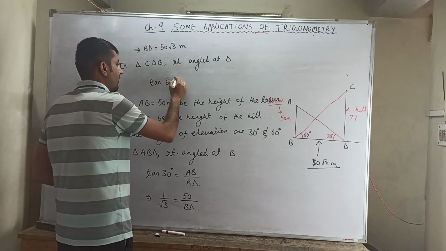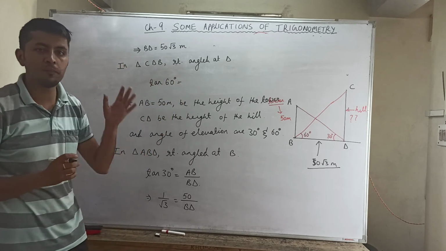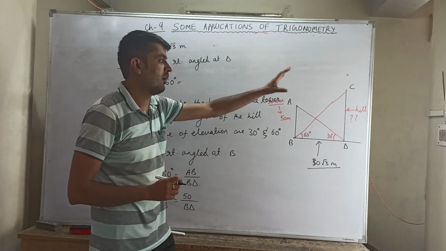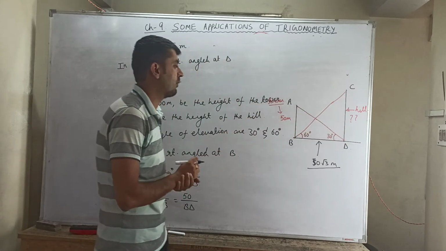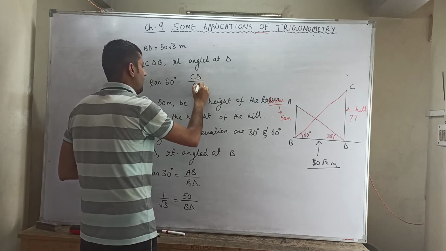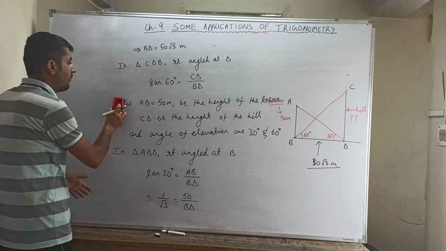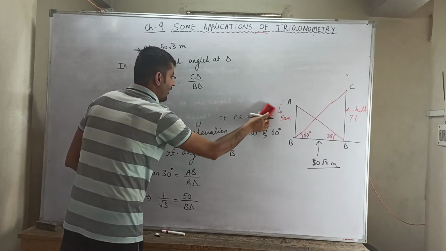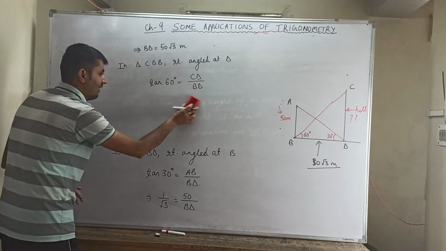What is tan 60? Tan 60, again perpendicular by base. So which one is your perpendicular? CD will become your perpendicular. So it will become CD by BD.